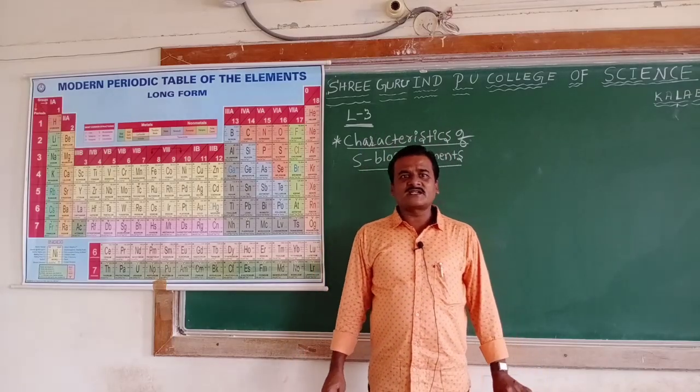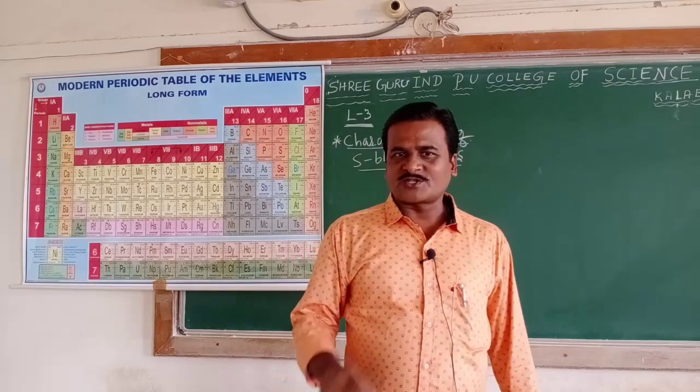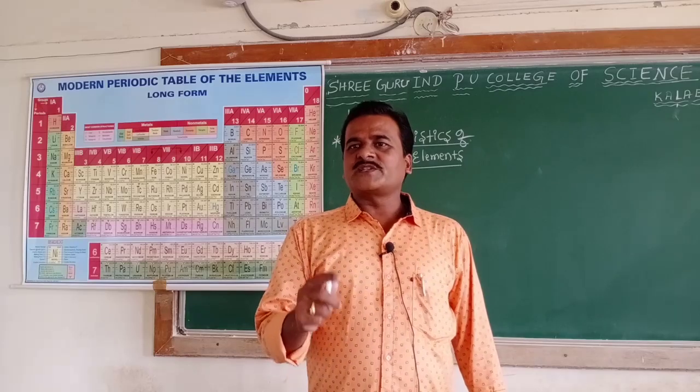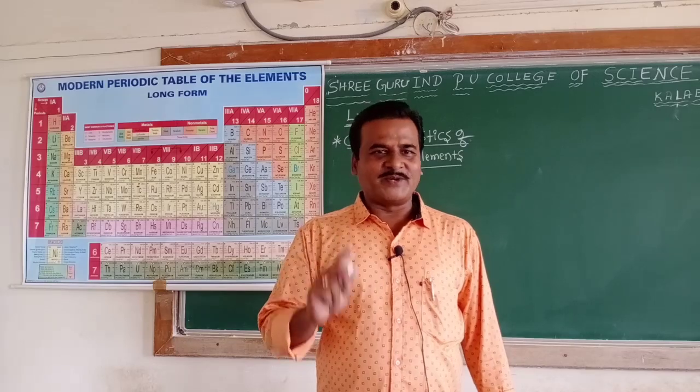What are S block elements? Mention their 2 characteristics. It is a 2 mark question. So S block elements are those elements in which the last electron enters into the S subshell of the outermost orbit.